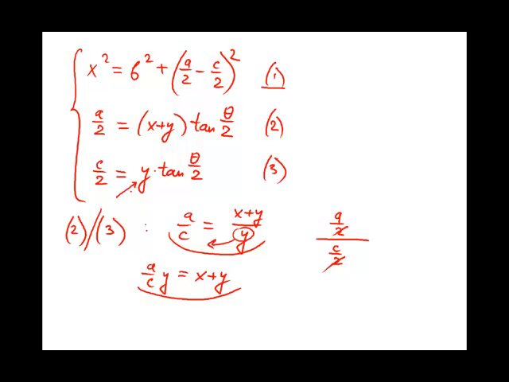Okay, now, how is y connected with x? I want to move this y to the left. And on the left I have a over c minus 1 times y. On the right I have x. Is that so, guys?